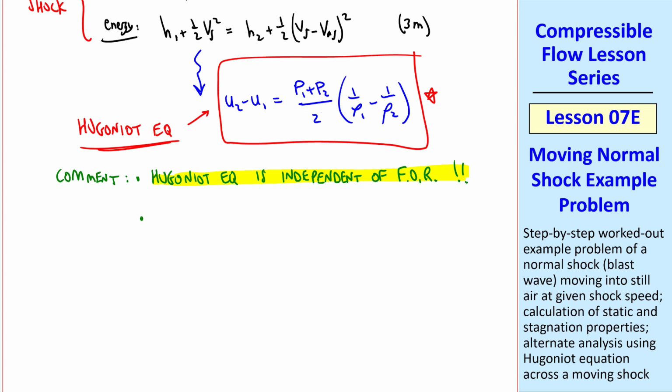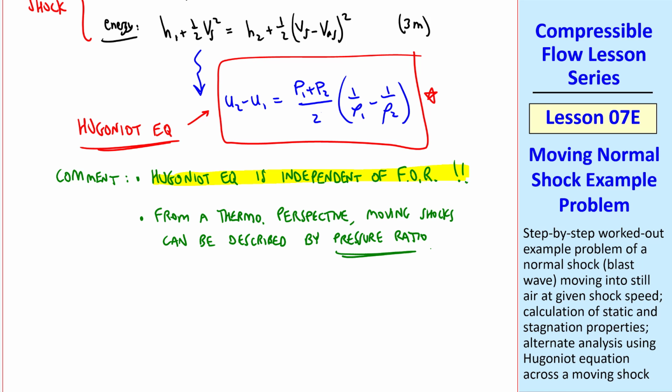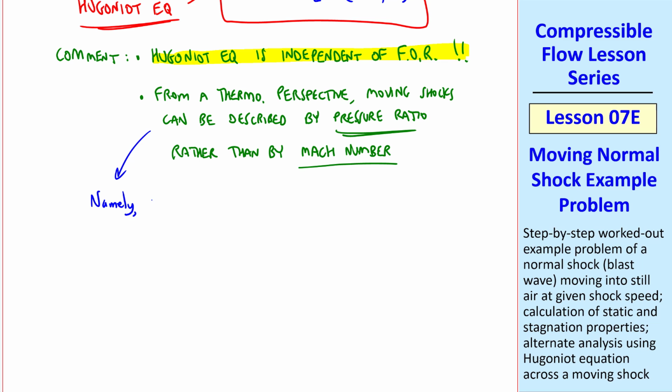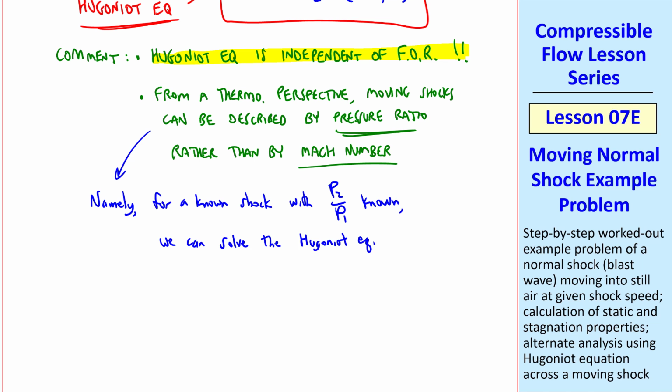I'll also comment that from a thermodynamics perspective, moving shocks can be described by pressure ratio rather than by Mach number. Pressure ratio is a thermodynamic property, whereas Mach number is a fluid mechanics kind of property. Namely, for a known shock with p2 over p1 known, we can solve the Hugoniot equation for rho 2 over rho 1 as a function of p2 over p1 and gamma for an ideal gas.